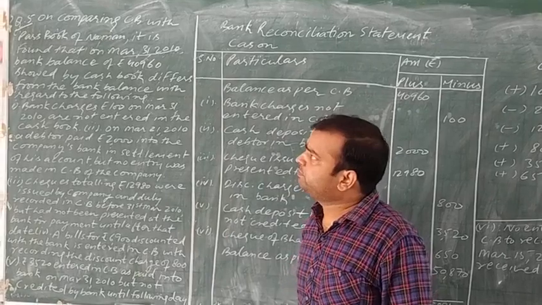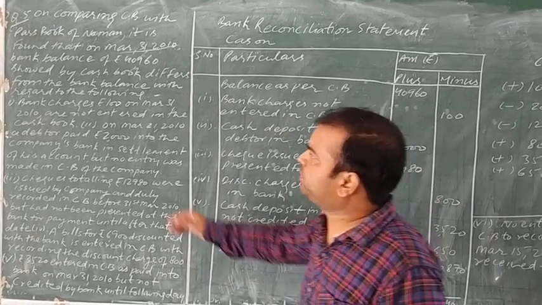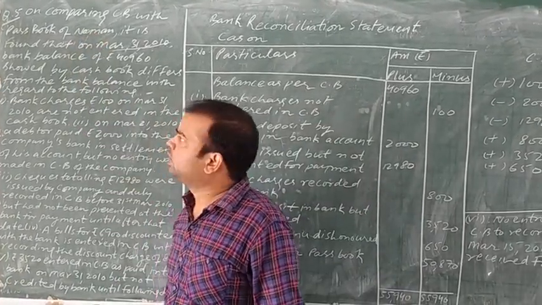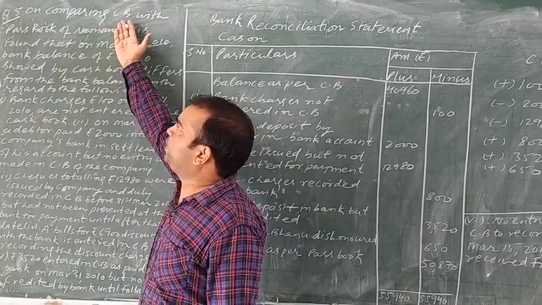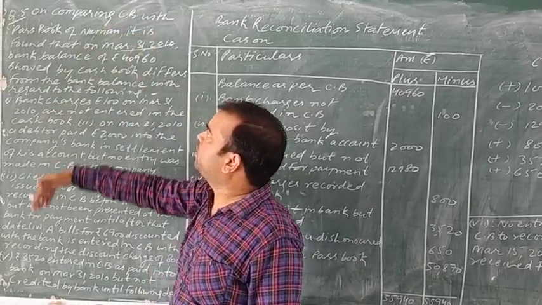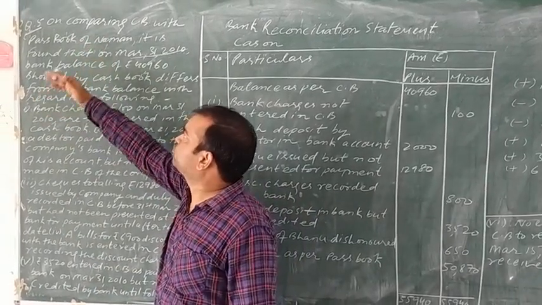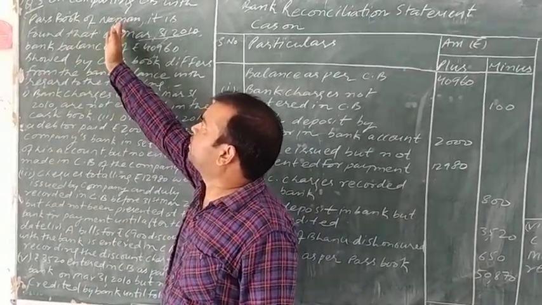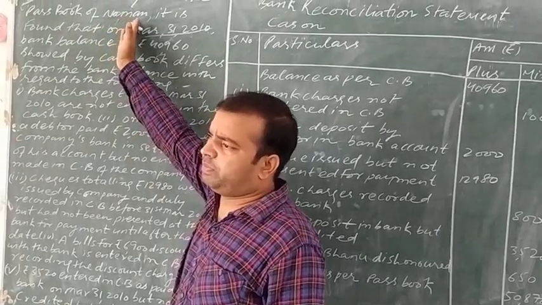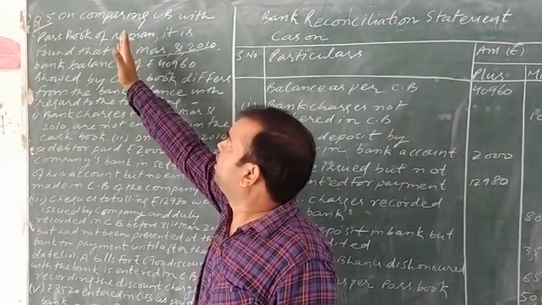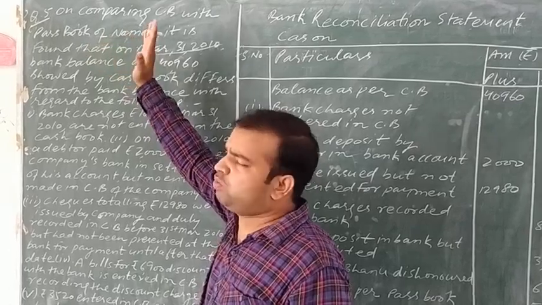Reading out the question: on comparing the cash book with the passbook. I already explained that the cash book is maintained by the customer and the passbook is maintained by the bank. Here Naman is the customer of the bank and the business also belongs to Naman.